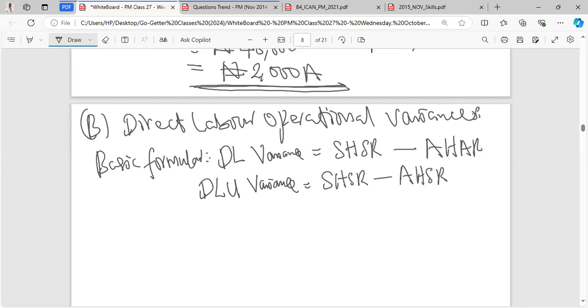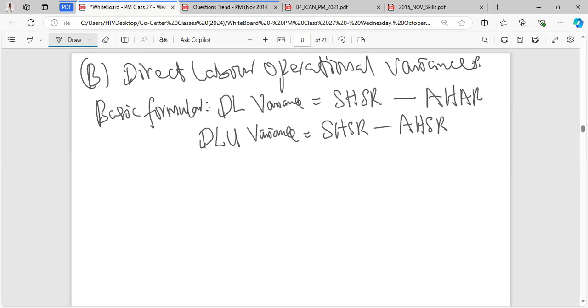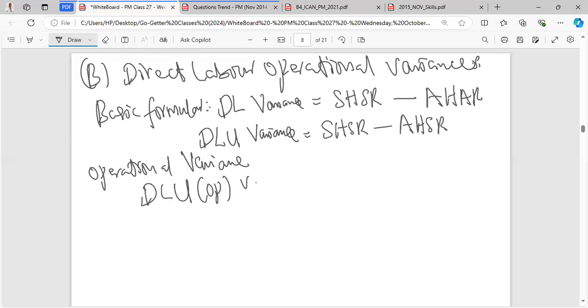Okay, so now let's look at the usage first. Then you will say operational variance. So direct labor usage operational variance will be, I said operational is between revised standard and actual.